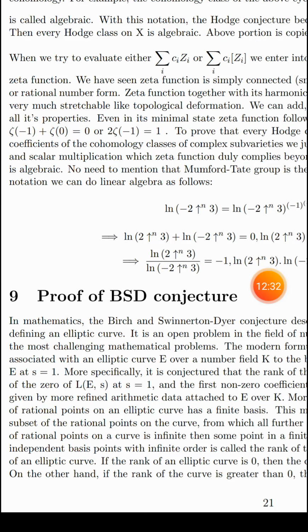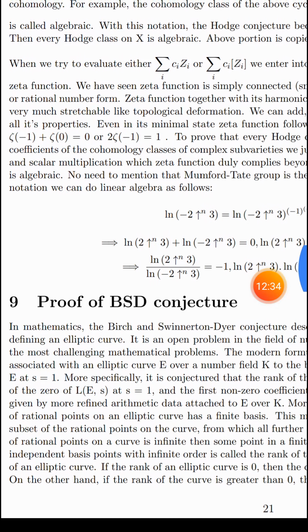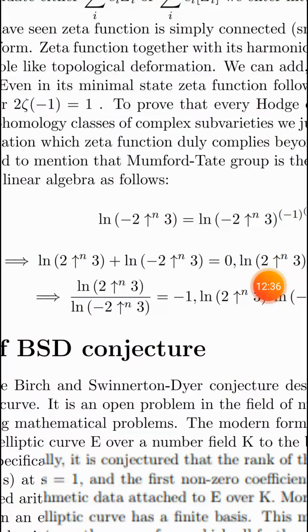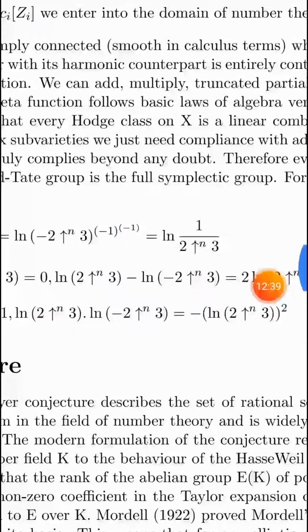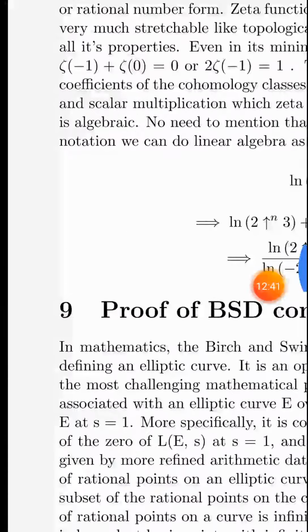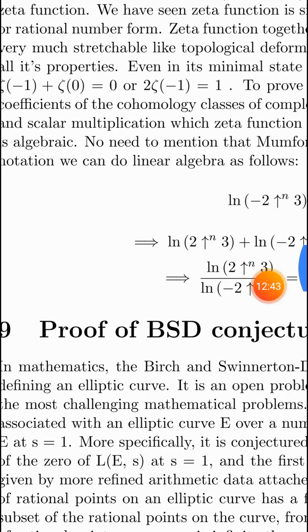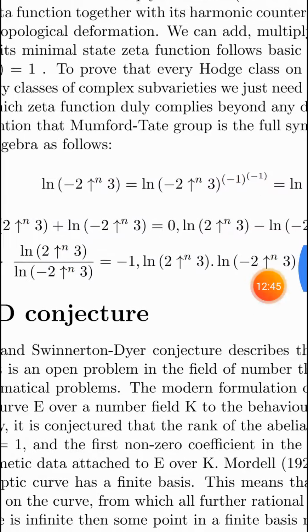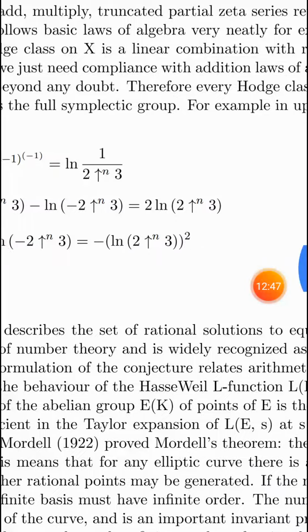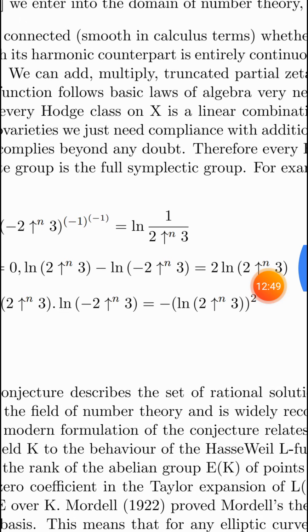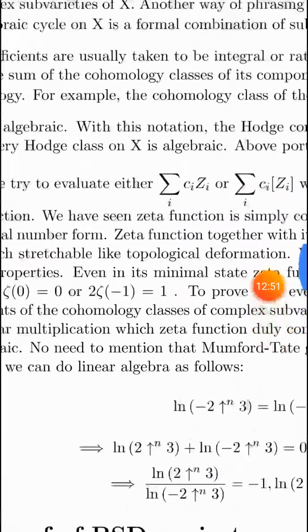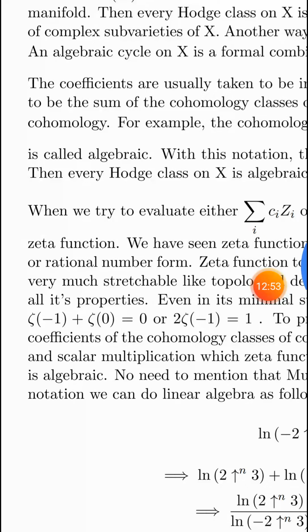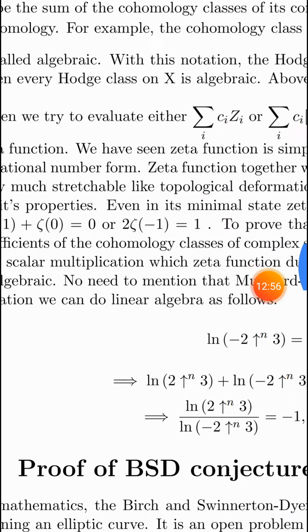So what we have to do is to prove that every Hodge class X is a linear combination with coefficients of the cohomology classes of complex subvarieties. We just need to check the compliance with addition laws and the scalar multiplication laws.